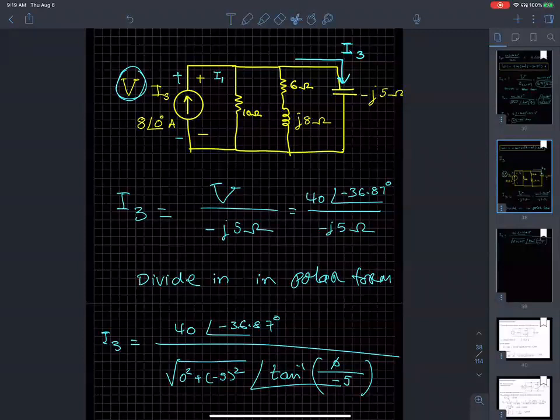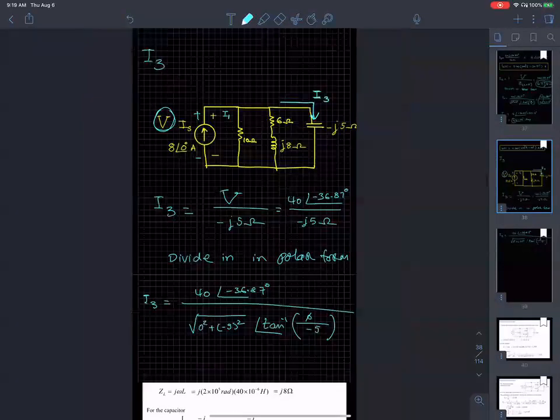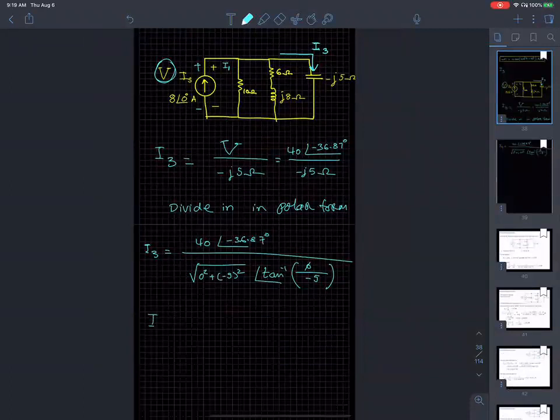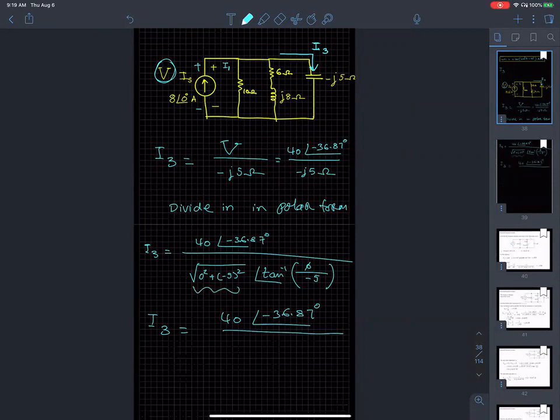Is everybody with me so far? Yes. So I3 is going to come out to be 40 angle negative 36.87 degrees divided by, this is going to come out to be 5, and this is going to come out to be negative 90 degrees.